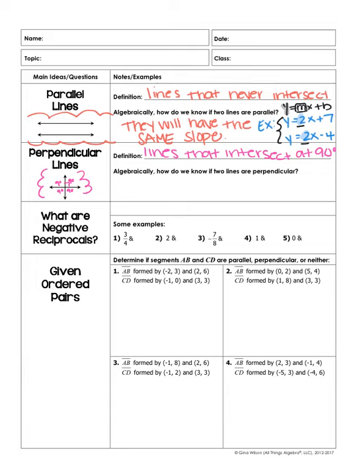So if we weren't given a picture, and we're given two equations, how would we know that those lines were perpendicular? We'd have to check for two things.